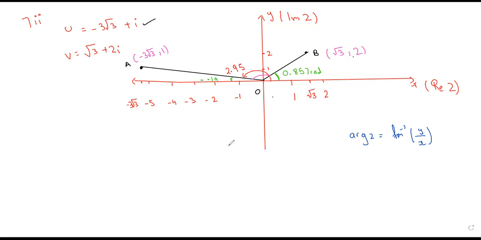But I'm not interested in this 2.95. I am interested in this black angle only. So this 2.95 is basically the black angle plus 0.857. So I need to subtract 0.857 as well, and that is going to give me the black angle, which is 2.09. Okay, and this is the answer.